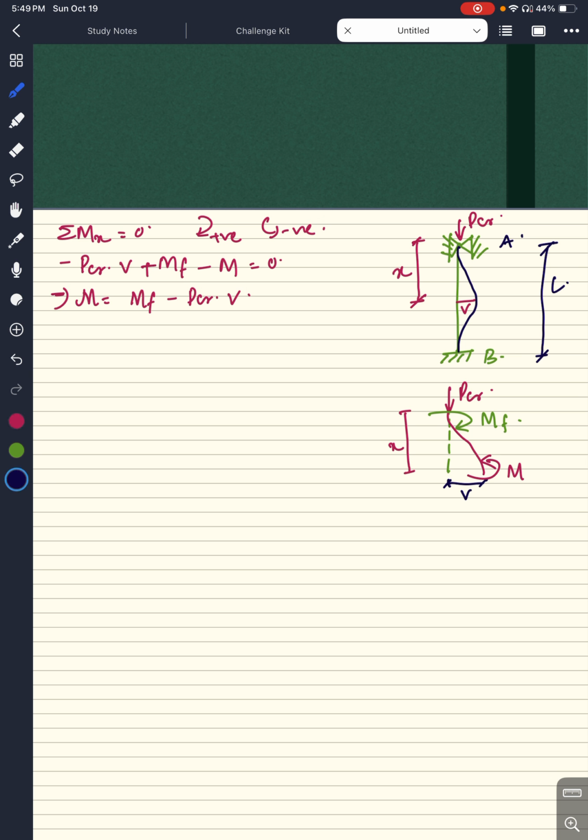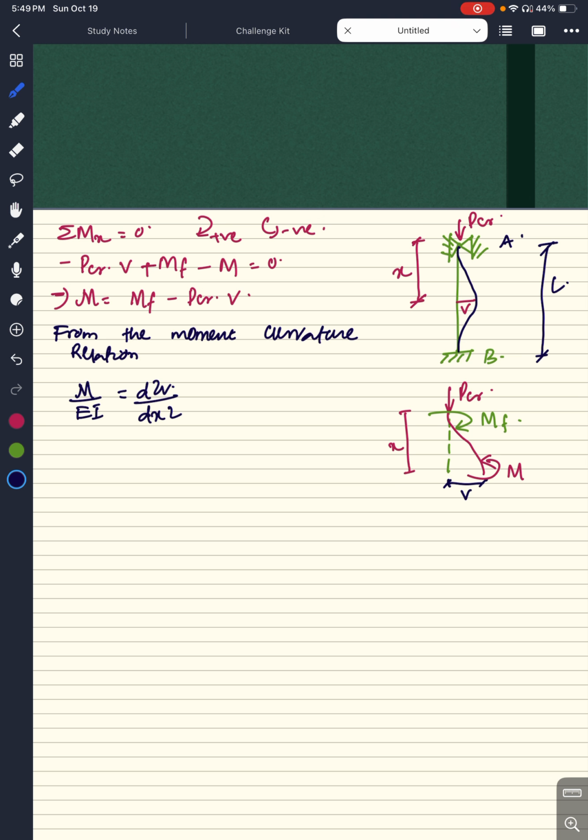Now from the moment curvature relation, we have M by EI is equal to d square v by dx square, right?